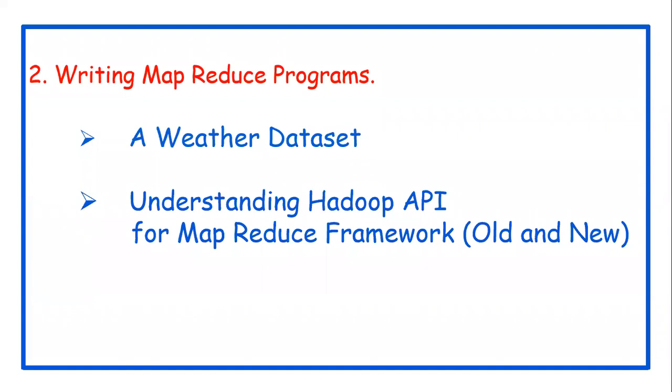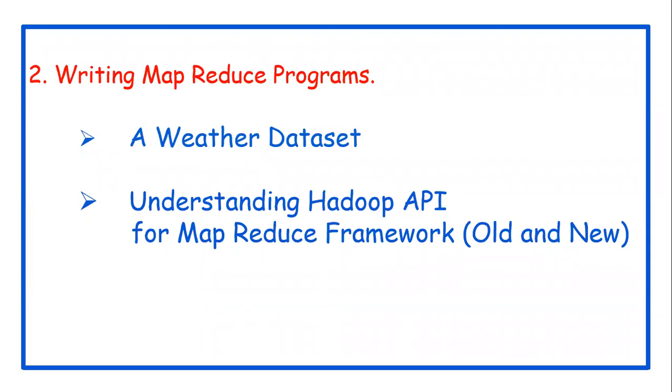So how do we analyze weather information regarding latitude, longitude, humidity, wind, wind position, and all the information we collect and keep in a weather data set? On the weather data set, we apply some analysis. That is done by the map reduce program: how to write the map program, how to write the reduce program, and start the analysis and computation across the weather data sets.